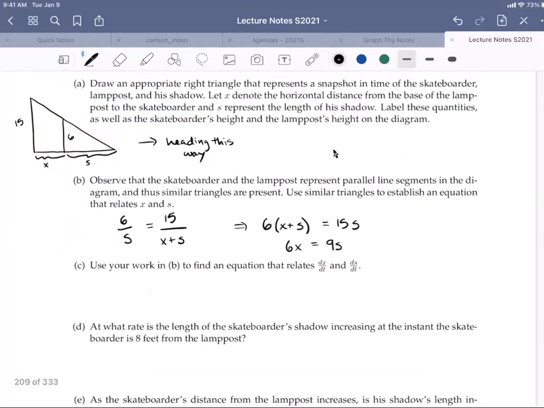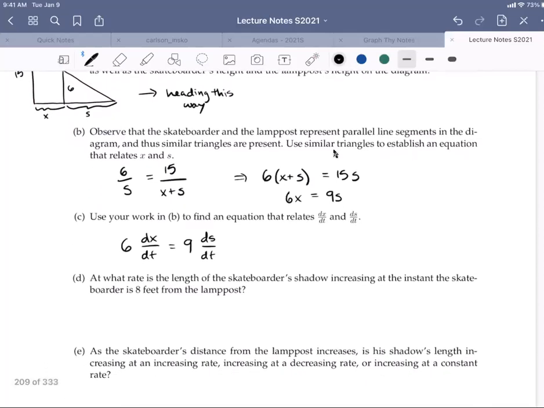So that's an equation that will relate dx/dt and ds/dt. If we take the derivative on the left side, we get 6 times dx/dt because x is changing with respect to t. On the right side, the derivative of 9s is 9 times ds/dt because s is also changing with respect to time.